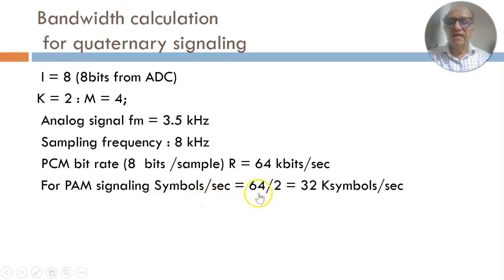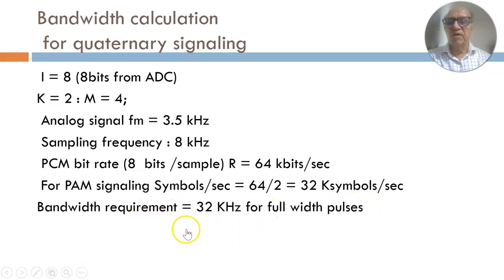So therefore the symbol rate itself is 64 divided by 2 equal to 32 kilosymbols per second. And again, if we use the full width pulse, then the bandwidth requirement is 32 kilohertz. So note that if we are using quaternary signaling, the bandwidth requirement is half that of binary signaling. Okay.